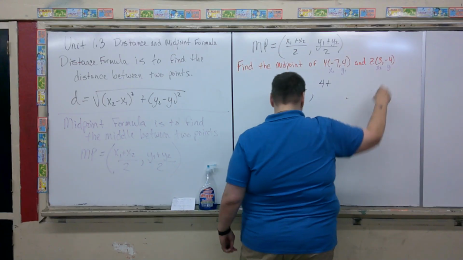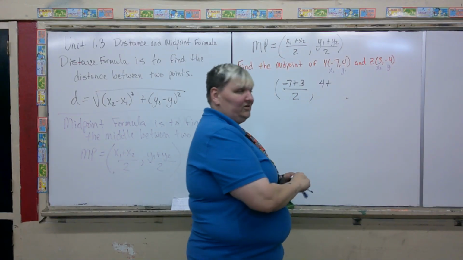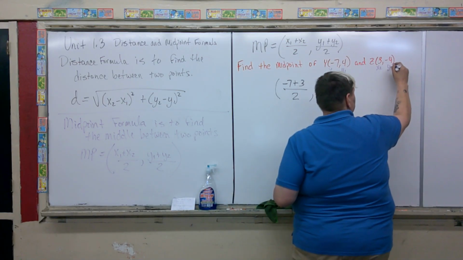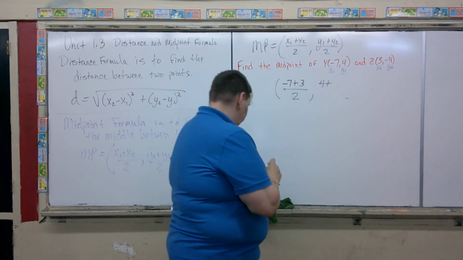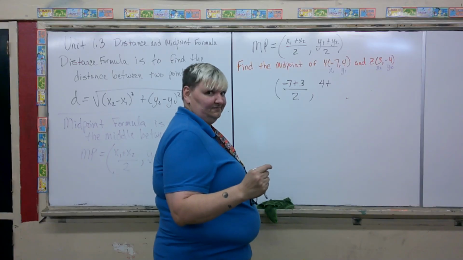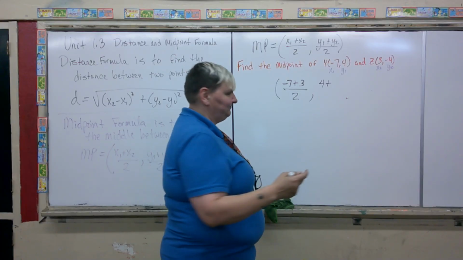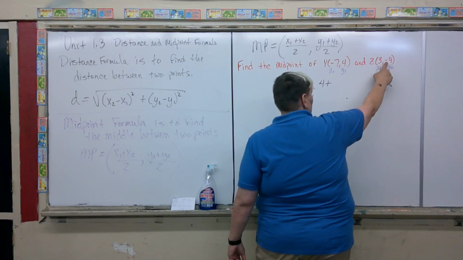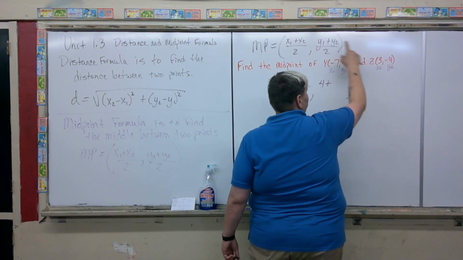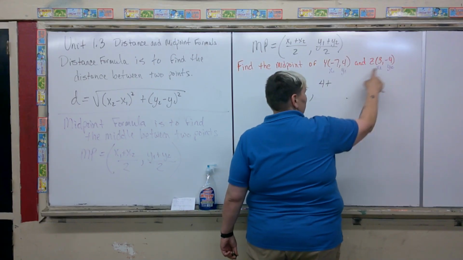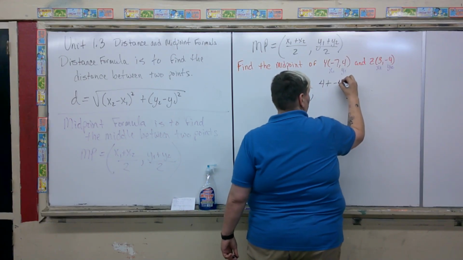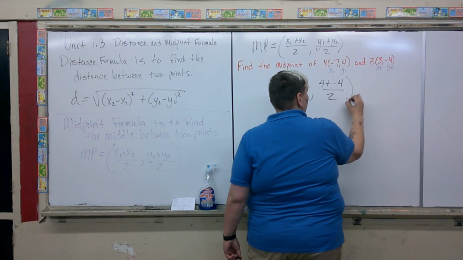I almost made a mistake. I hope you noticed. This is my second one. I hope you caught that. It means you're paying attention. y1 plus y2, so 4 plus negative 4 divided by 2, parentheses.